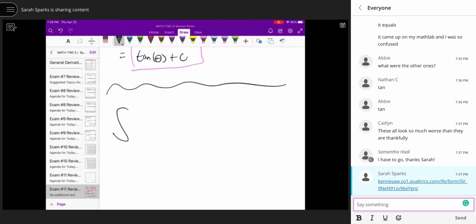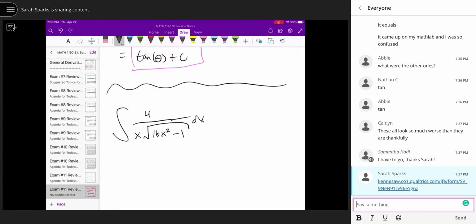So how would you find the integral of 1 over x root of 16x squared minus 1? How do we solve this one? What would our first step be?